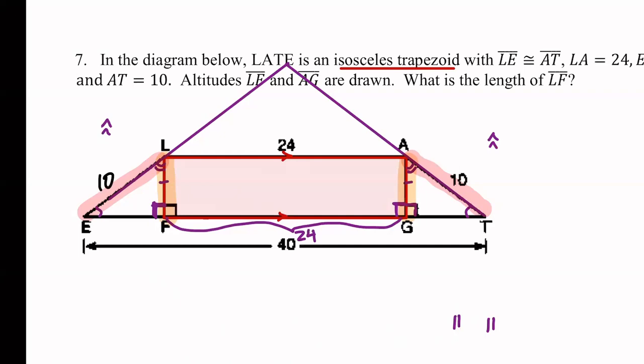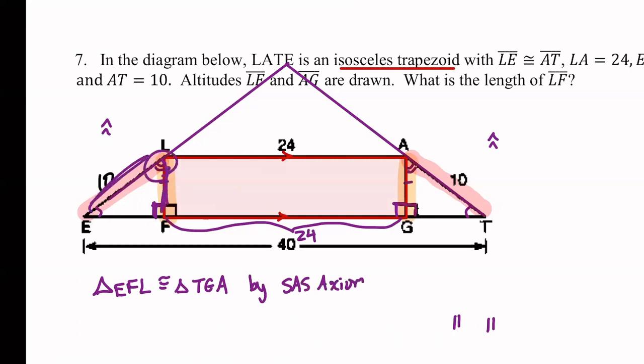I can say triangle EFL is congruent to triangle TGA by, I can go SAS, right? The side, the angle, and the other side. I can go angle, side.